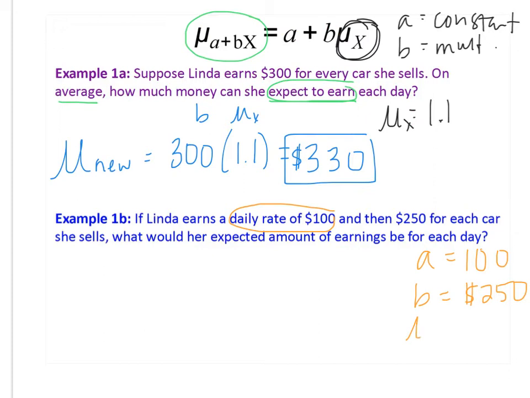And then like the last problem, my mu of x comes from my probability distribution that we found last video as 1.1. So now in example 1b, her new expected value would be A, or 100, plus 250, which is B times my old mean of 1.1.